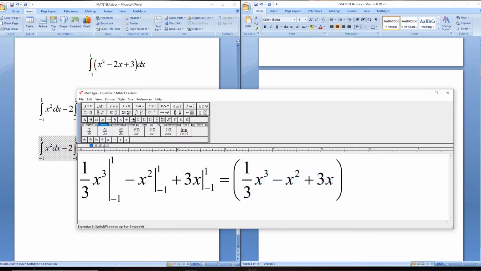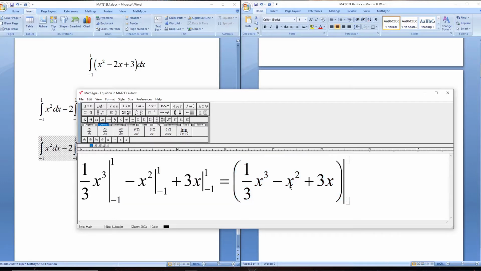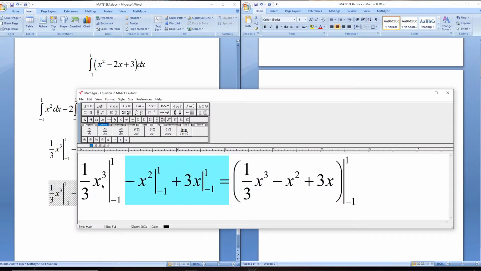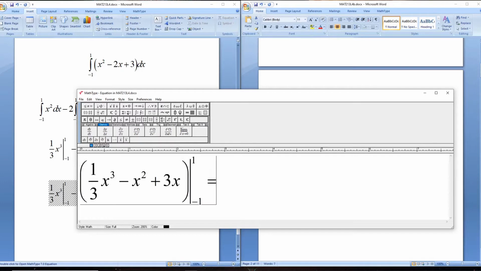It does save us a little bit of work. And so we'll just put 1 bar for the entire expression. Again, you can only do that if all the bars are the same, in other words, they're all going from the same a to b.